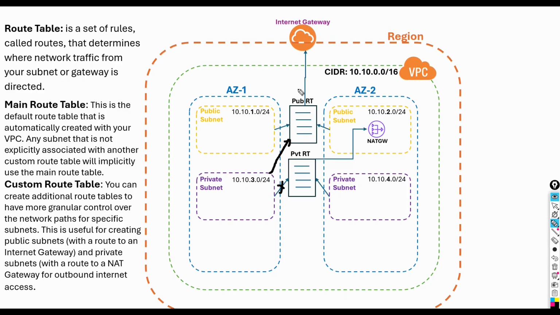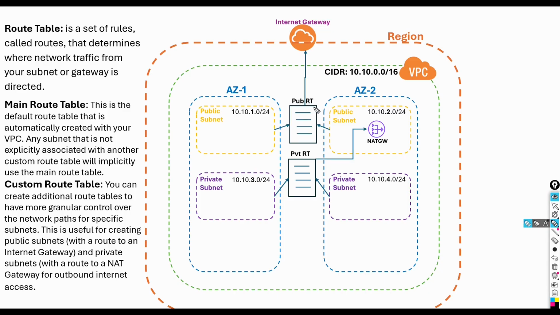So my public route table can have multiple subnet associations, but the same subnet cannot be associated with the other route table. So one subnet will always be associated with any one route table. This is not possible.